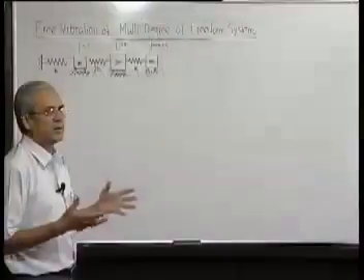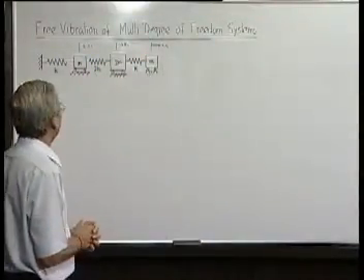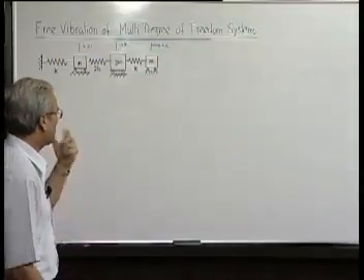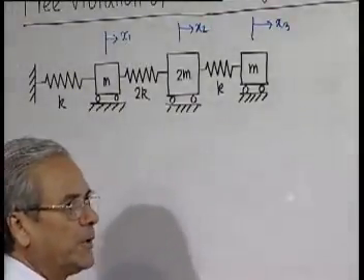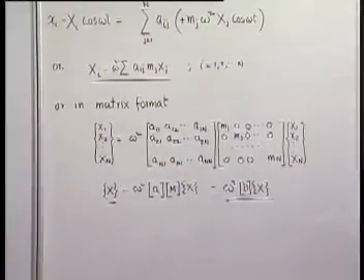This is a simple 3-degree freedom system, and our objective is to find out the natural frequencies and the natural modes. So first we have to determine the D matrix. Now the M matrix is quite straightforward. For the D matrix, we have to find out first the flexibility matrix.